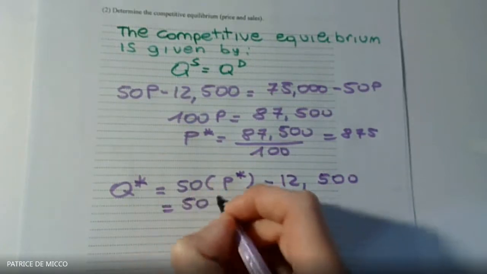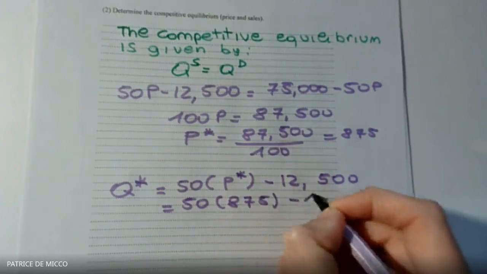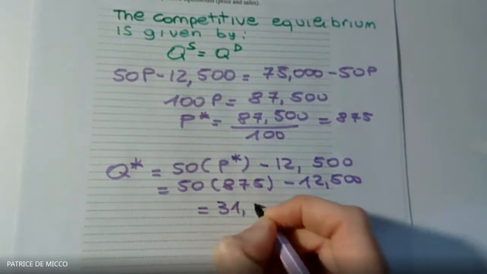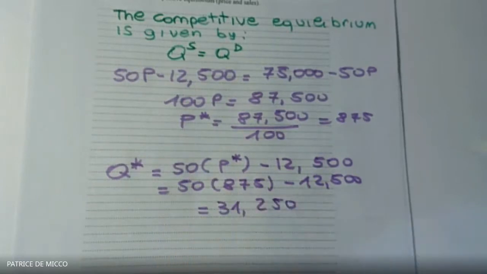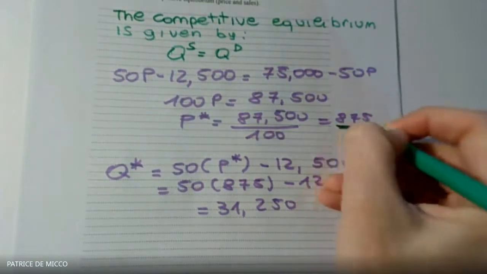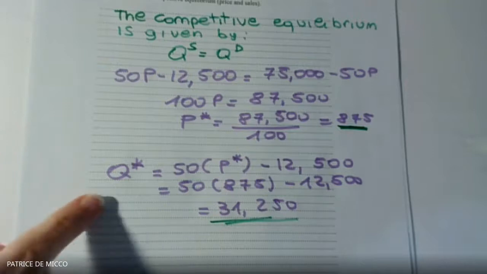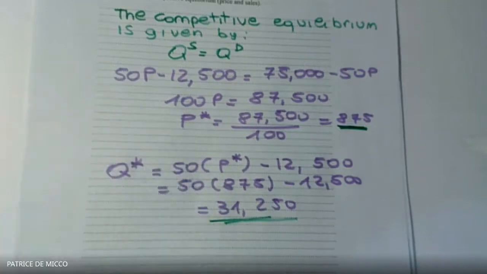So you substitute 875 minus 12,500, and you get 31,250, okay? And this is point 2. We are done because we were asked to compute the equilibrium in terms of the price and the quantity. This is what the company producing the negative externality will produce, and at what price, if the company is not forced to take the negative externality into account in any way.